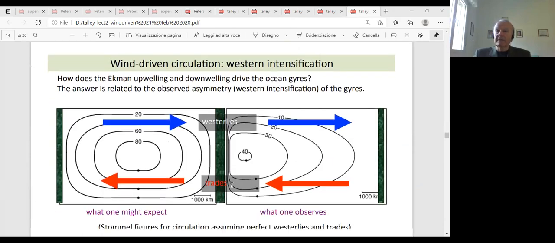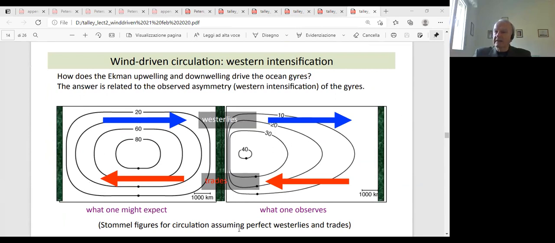So now let's try to address the wind-driven circulation from the point of view of this east-west asymmetry, because since we have trades in the subtropical areas and westerlies in the mid-latitude areas, this results in the formation of this large subtropical anticyclonic gyre in the ocean.